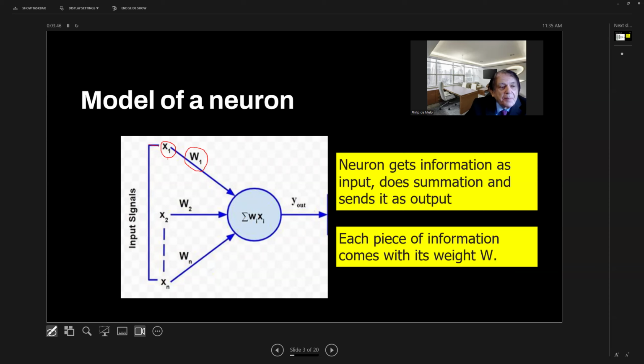For example, if we have an image of a cat, then X1 describes the ears of a cat, this one the legs, this the whiskers, and so forth. So we have a number of neurons that go into this neuron with some weights.